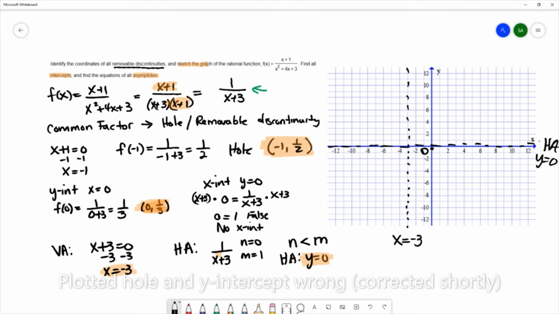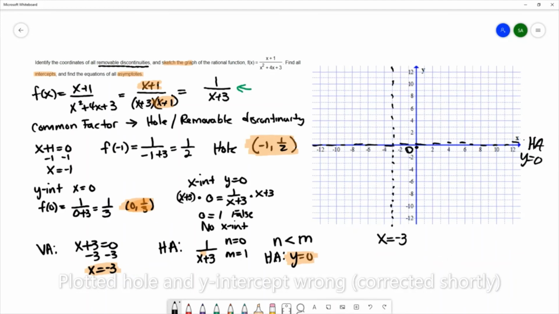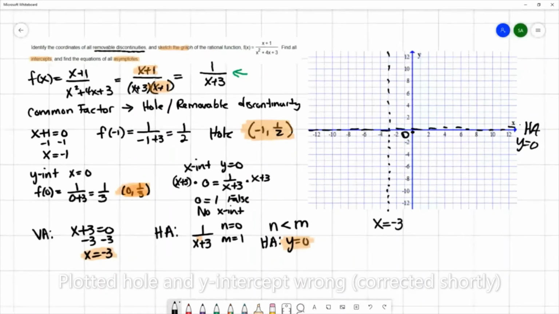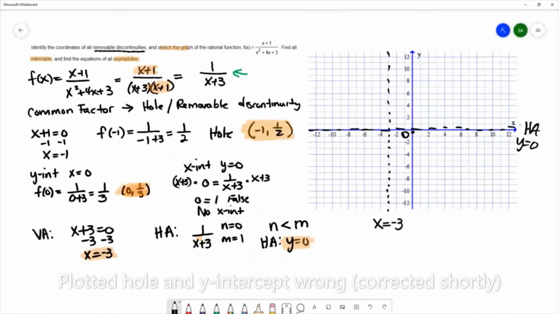I want to find a little bit more information, particularly I would like to have a point on the left-hand side of our vertical asymptote so that I would know how to draw the graph on the left-hand side. So I would like to pick a value for x that is less than -3. For example, x equals -4.